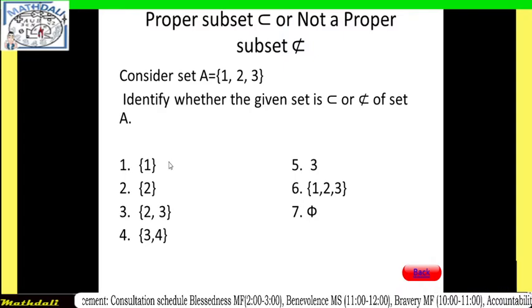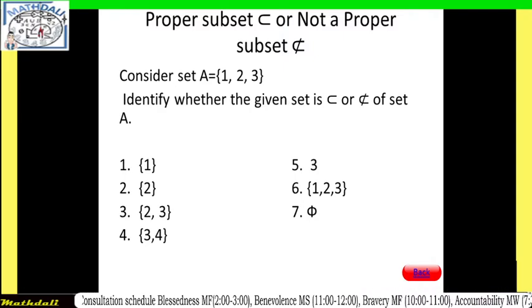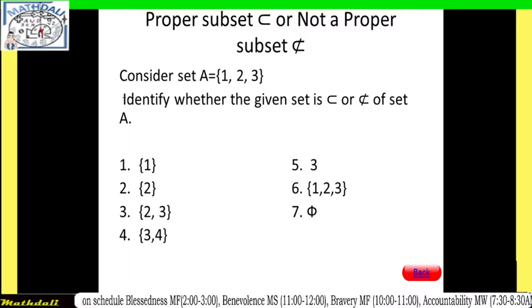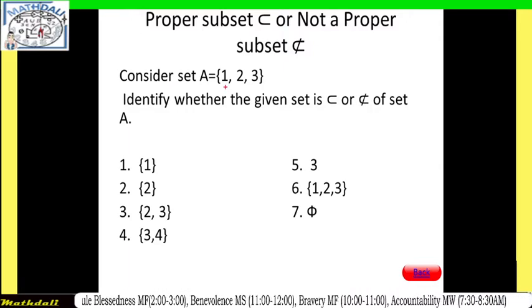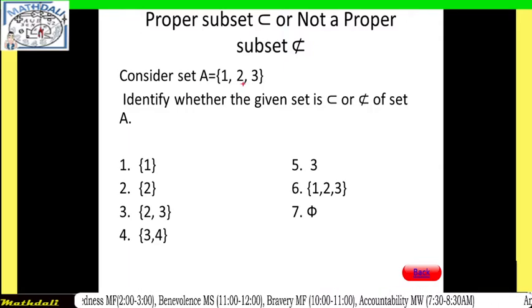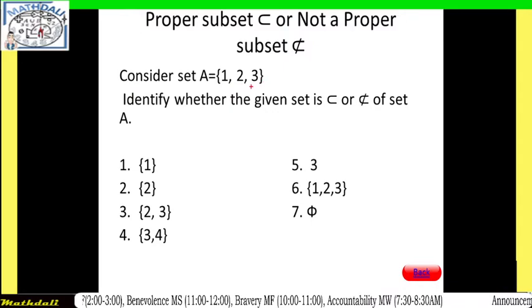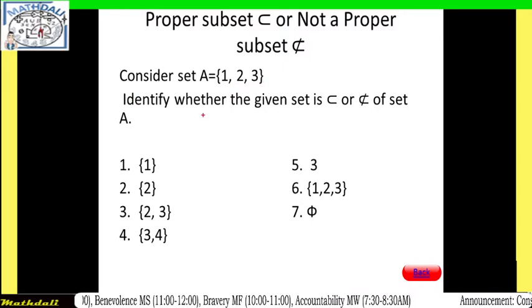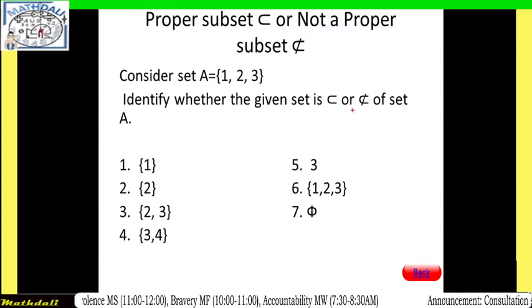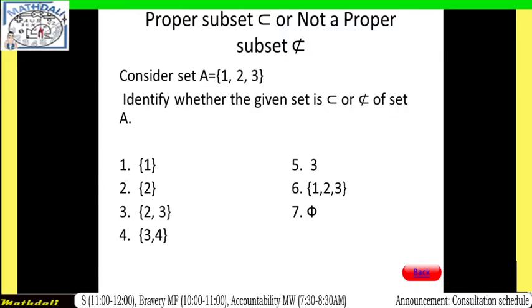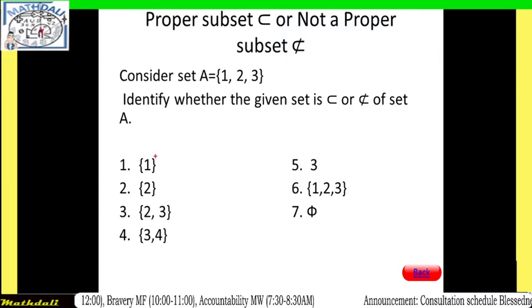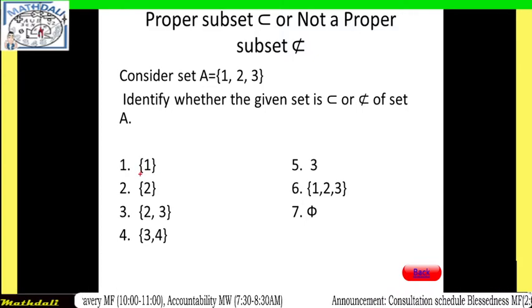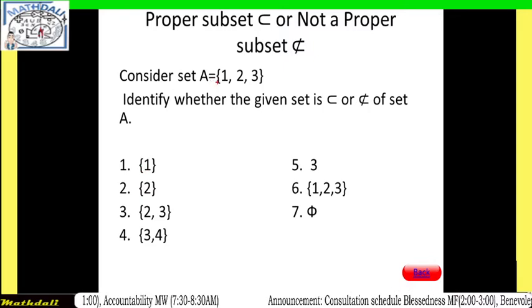Let us have number 1. Consider this set A. We have 1, 2, and 3. Then, identify whether the given set is a proper subset or not a proper subset of set A. Let us have this set containing element 1. Ito ba ay proper subset ng set A?